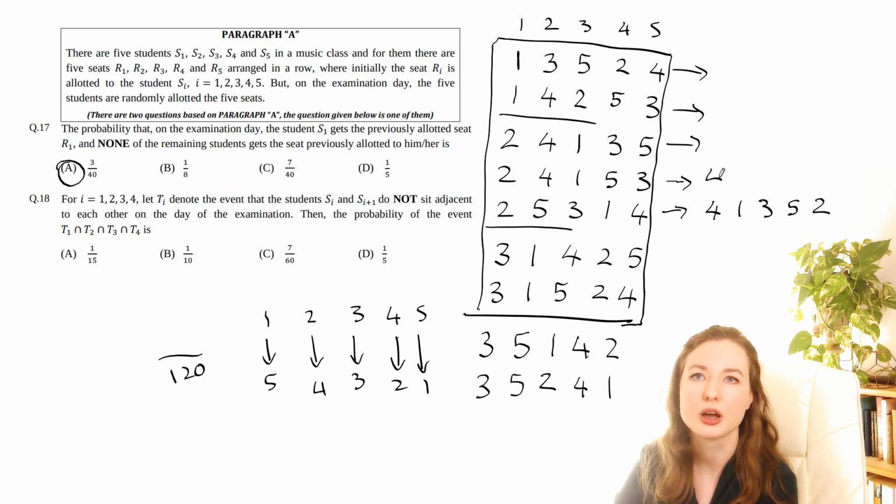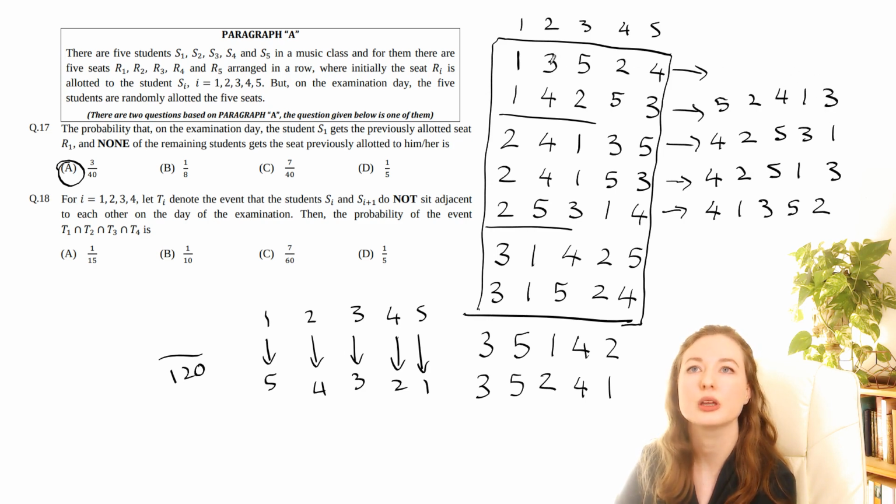So this one's going to become 4, 2, 5, 1, 3. That one's going to be 4, 2, 5, 3, 1. That one's 5, 2, 4, 1, 3. And that one's going to be 5, 3, 1, 4, 2.